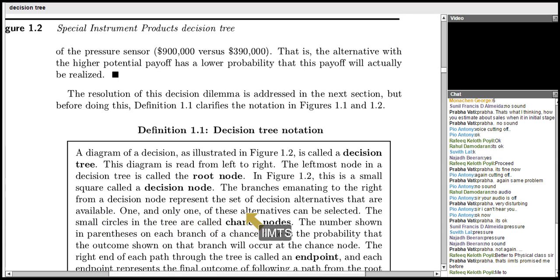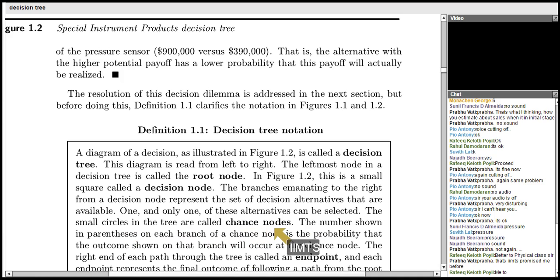One and only one of these alternatives can be selected. You cannot select two of them. If you look at the tree, the branches, you cannot have two of the branches together. They are separate. So you can only select one of the branches. So you can only arrive at one decision at any one time. Now the small circles, I think you've seen the small circles there, in the tree are called chance nodes.